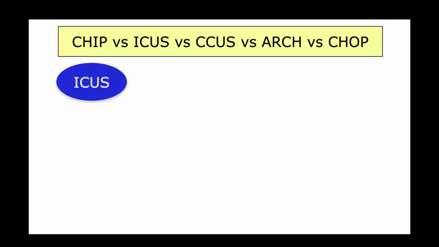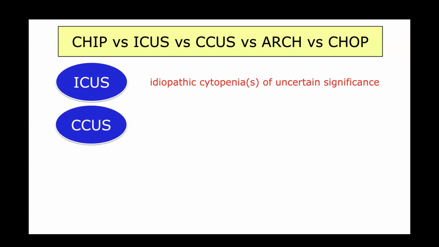We've talked about CHIP and how to diagnose CHIP. A related entity is ICUS, idiopathic cytopenia of undetermined significance, in which there's just a cytopenia but no mutation. CCUS is the combination of a cytopenia and a mutation, clonal cytopenia of undetermined significance, but no morphologic dysplasia, and not meeting criteria, for example, of SF3B1 or TP53 mutated MDS.